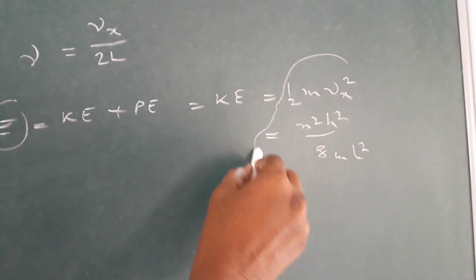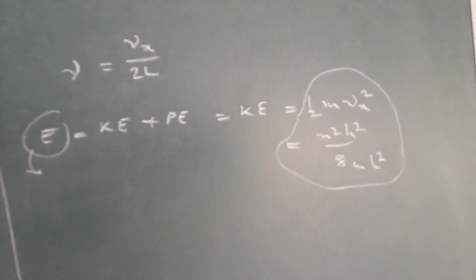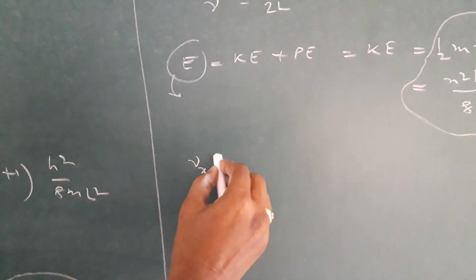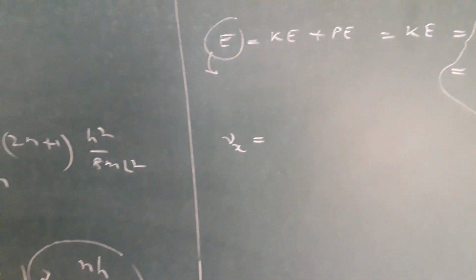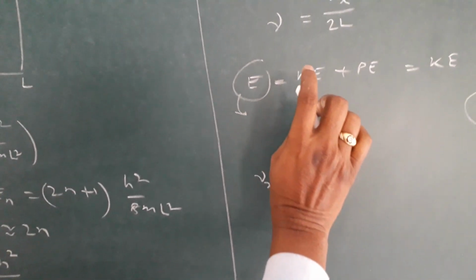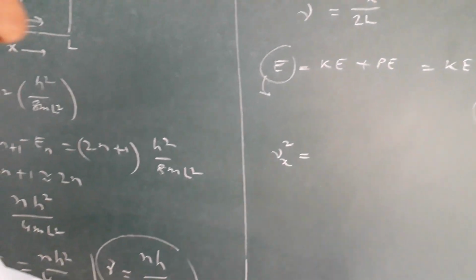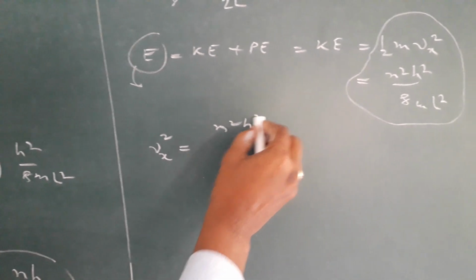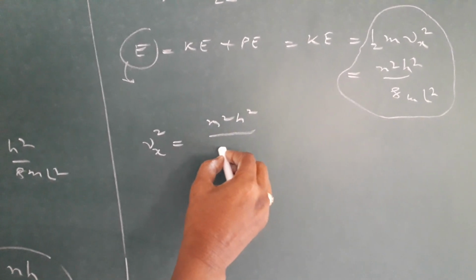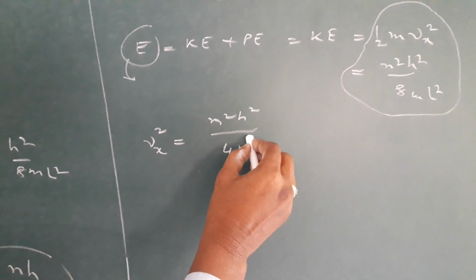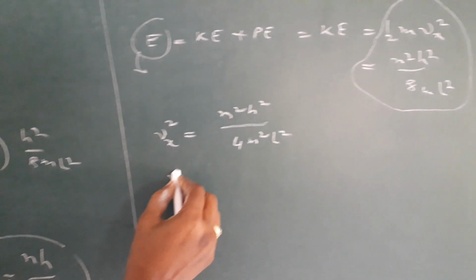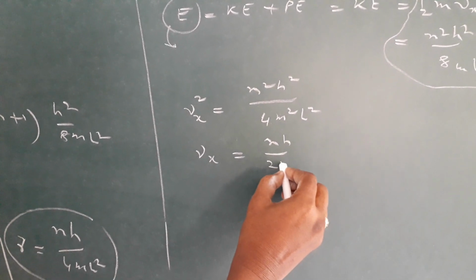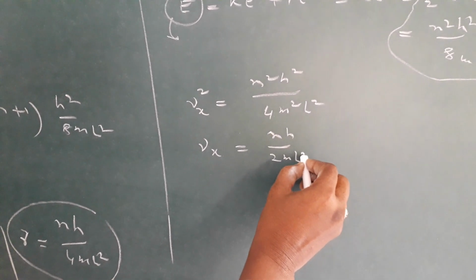So equating these two, we have Vx square equal to n square h square divided by 4 m square L square, or Vx equal to nh divided by twice m L.